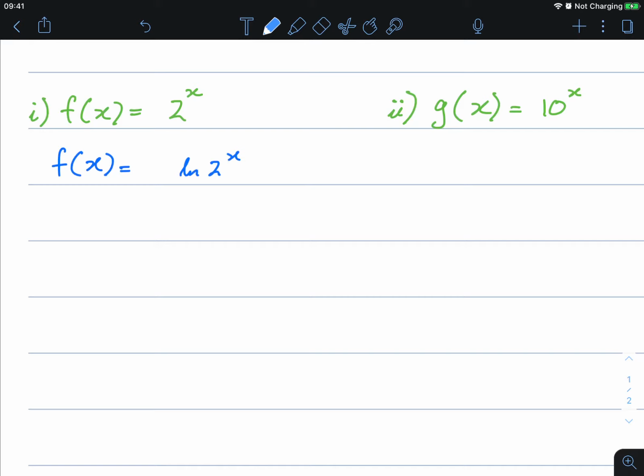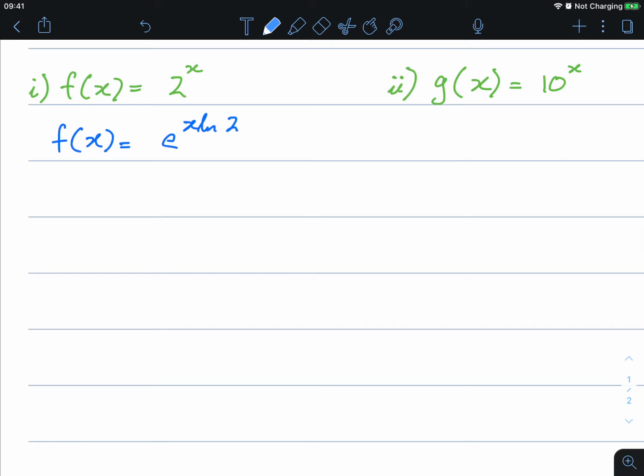So this becomes x ln of 2, but in order to not change the value, because we took the natural log, we now have to raise this to the power of e. So this becomes e to the x ln 2.